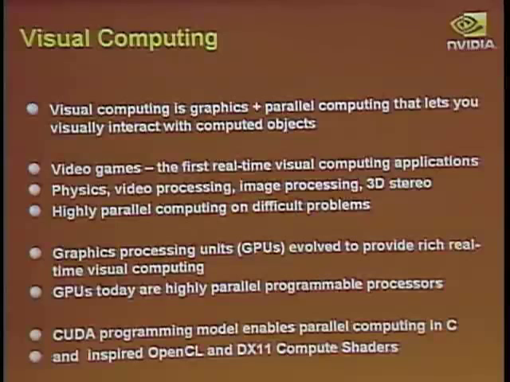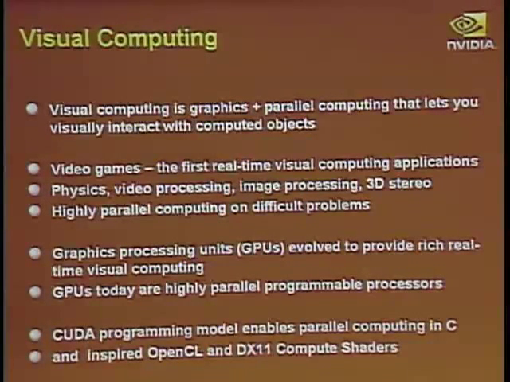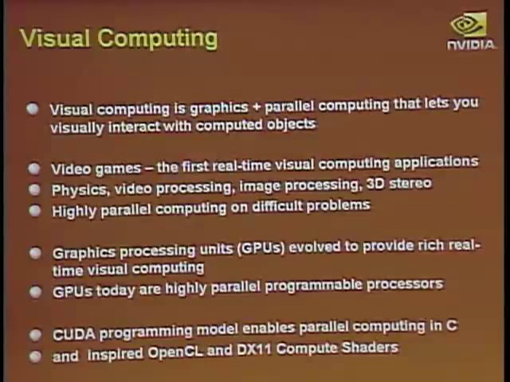The cool thing is that it's all very parallel. Graphics is highly parallel today, and computing on a GPU is highly parallel. To me, the thing that's similar about both of them is that they're both massively parallel. They use lots and lots of threads, and that's the similar part of it.